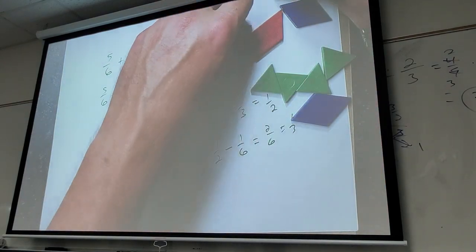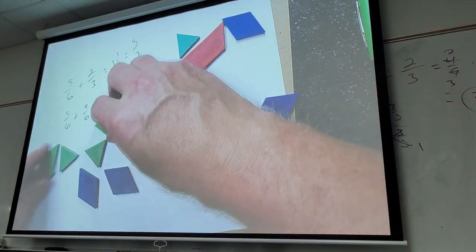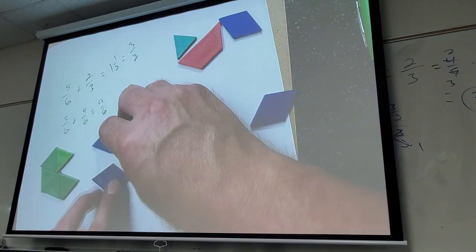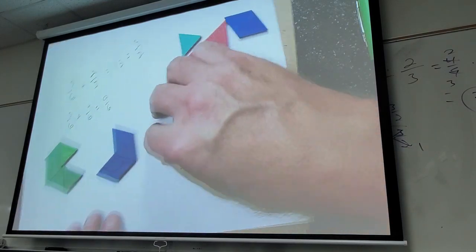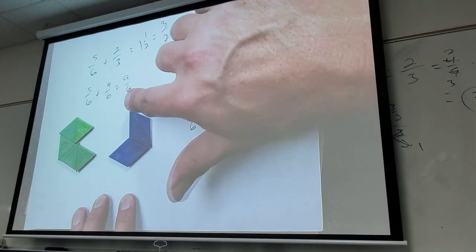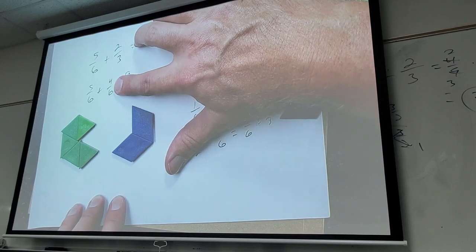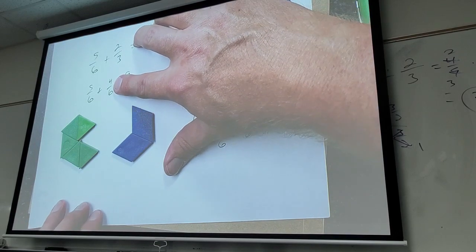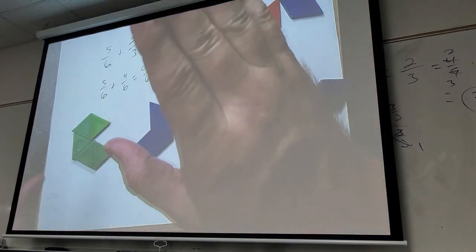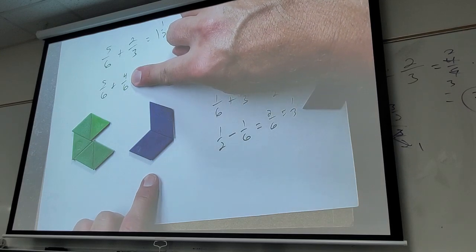Let me give myself all the parts again. Okay, that's enough. 5/6 there, 2/3 here. How would I represent 4/6? What would this mean?